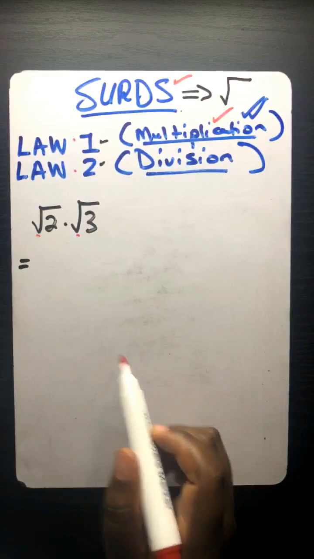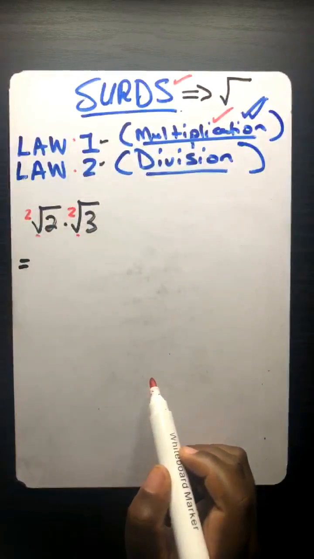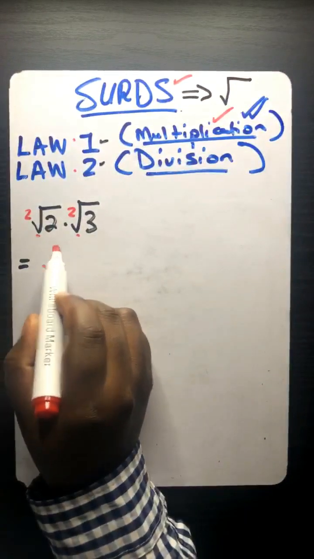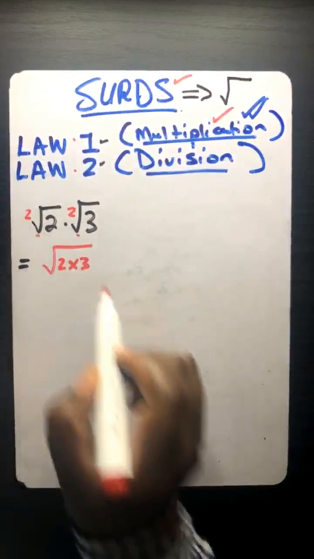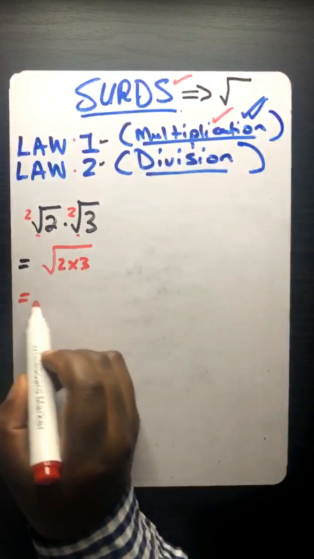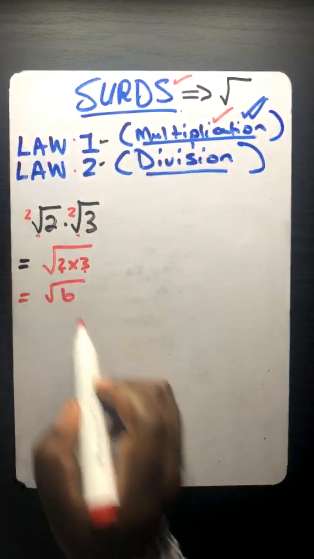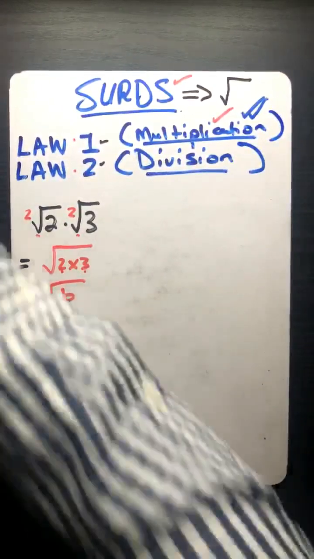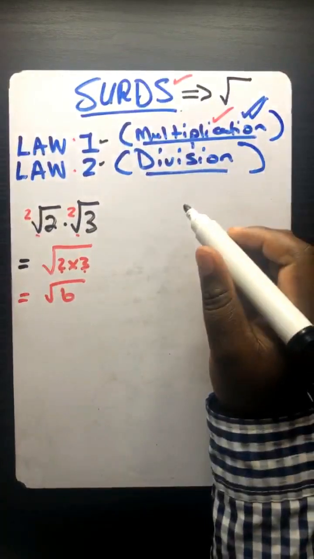Yes, because you have an invisible 2 and an invisible 2, meaning I'm having an invisible 2 square root of, then I can multiply whatever is inside. That means this times that. What is that times that? That is 6. Makes sense? Yes, sir.